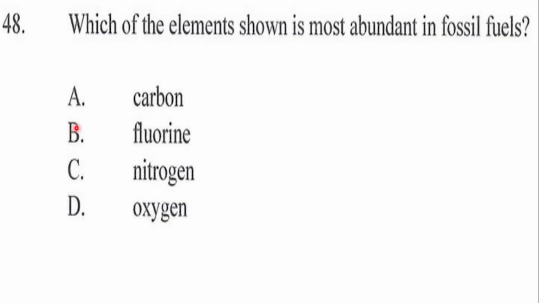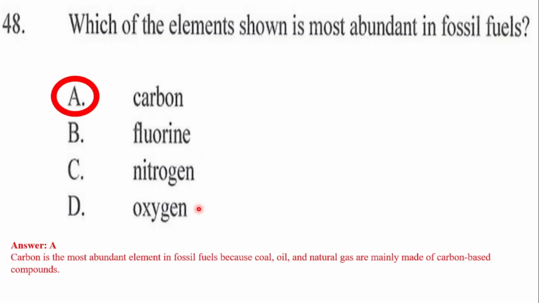Let's move on to question number 48, and it says which of the elements shown is most abundant in fossil fuels? Is it A, carbon, B, fluorine, C, nitrogen, or D, oxygen? Well, the correct answer is definitely going to be A, carbon, because carbon is the most abundant element in fossil fuels, because coal, oil, and natural gas are mainly made of carbon-based compounds.